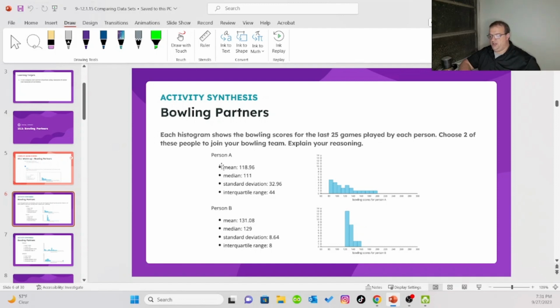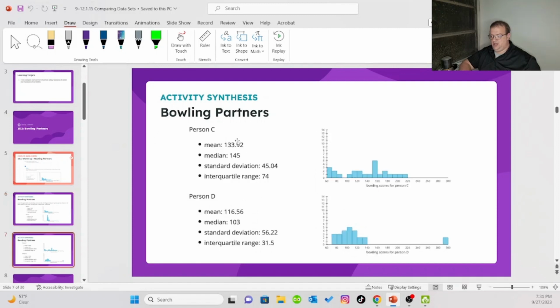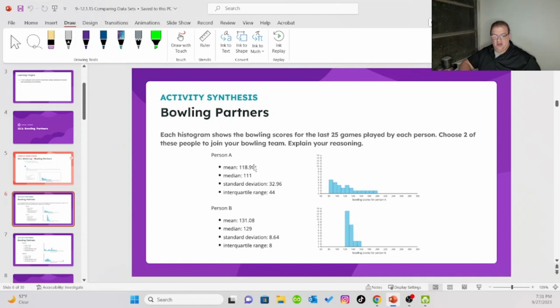So as we look, we see person A. We have a mean and a median, and we have a standard deviation and an interquartile range. So if we look at this, they have a lower mean than maybe person B does, or even person C. But there's also a large variability.